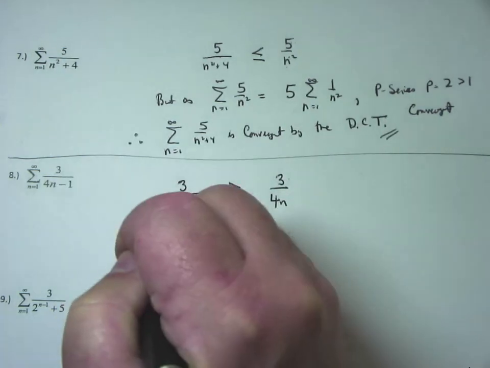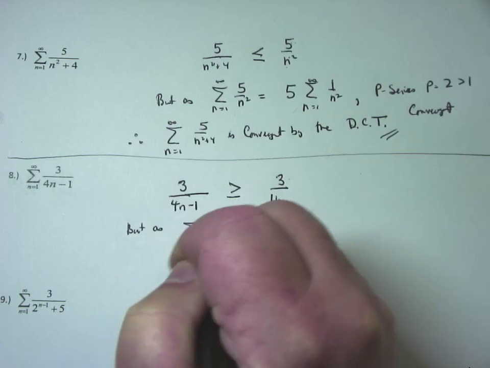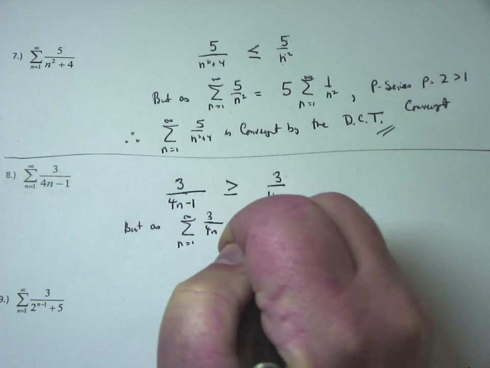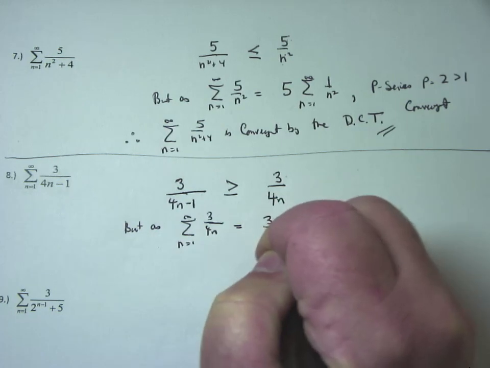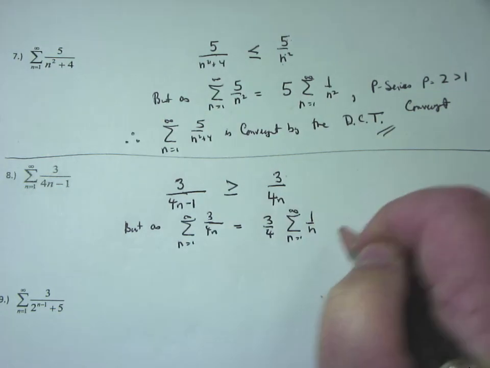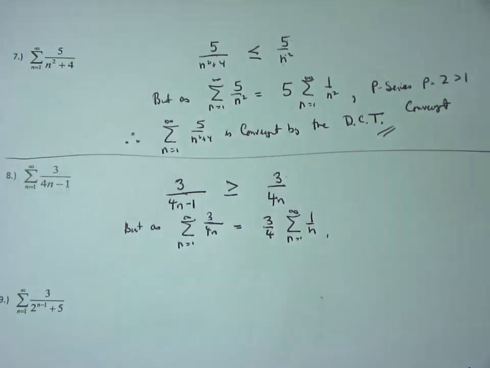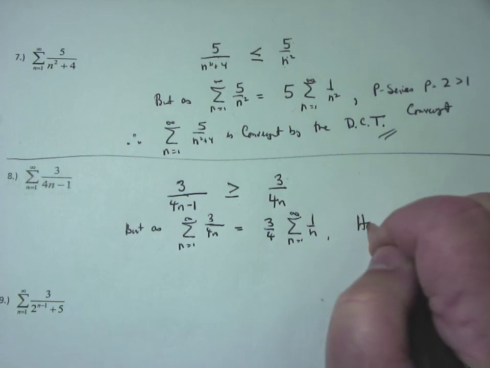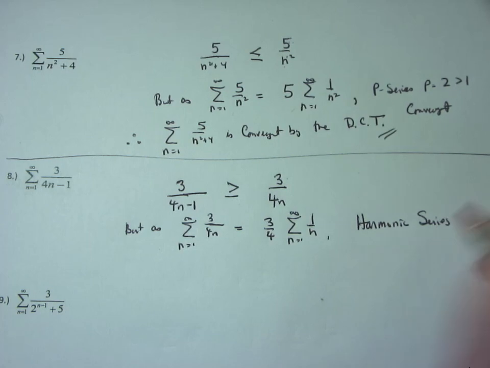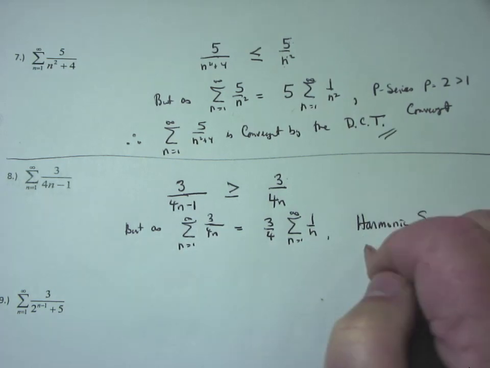But the sum as n goes from 1 to infinity of 3 over 4n is equal to, pull out your constant, 3/4 times the sum as n goes from 1 to infinity of 1 over n. And what kind of series is this guy? That 3/4 don't matter. Look at the sum as n goes from 1 to infinity of 1 over n. What kind of series is this guy? Harmonic series. You can say he's a p series, p equals 1. That's fine. But who are we kidding? It's a harmonic series which diverges.